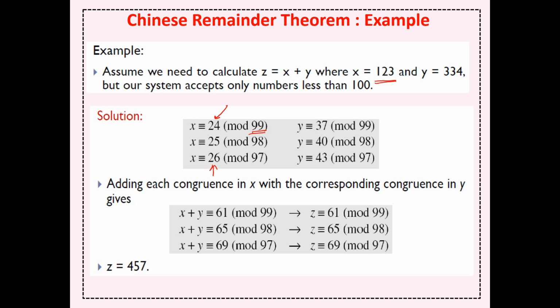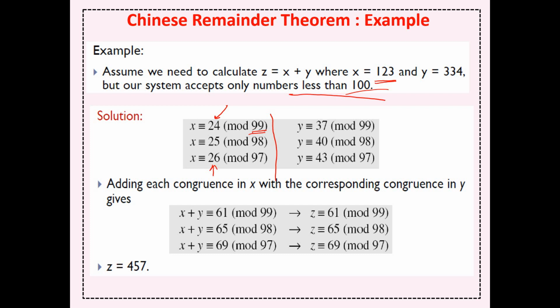It can be more than that as well, but just to prove in terms of 3, if it works, it will work for the rest as well. Am I clear with this? Because the system accepts numbers till 100, the mod operator has been used for 99, 98, 97. It could have been 96 as well. In 96, what will be the remainder to make it 123?